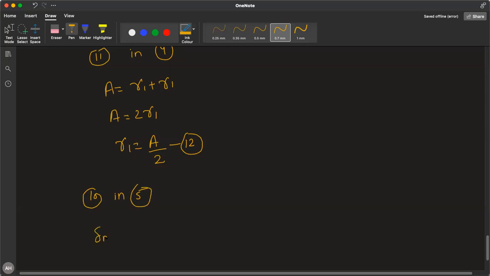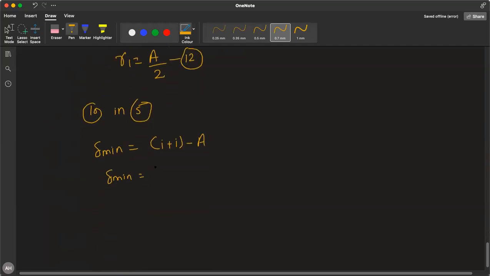So we get delta minimum is I plus I minus A. So I get delta minimum is 2I minus A. Or you can say that 2I is delta minimum plus A. Or you can say that your I is delta minimum plus A divided by 2 now. Let's call this equation number 13. So you have R1 and you have I.